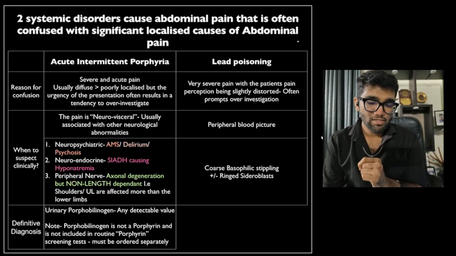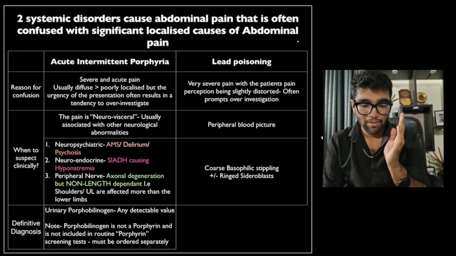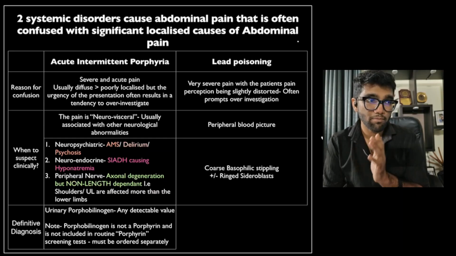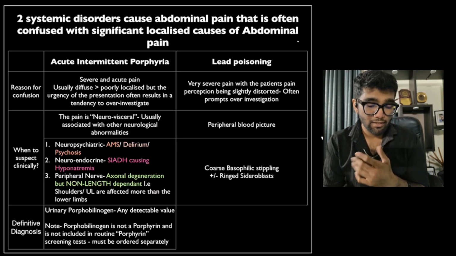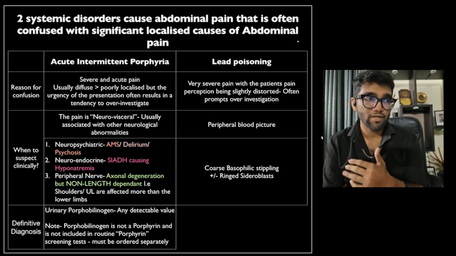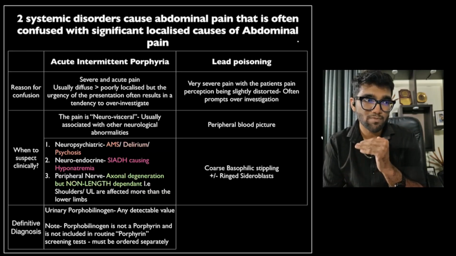So, porphobilinogen is a porphyrin precursor. It is not a porphyrin. Okay, so it gets converted into uroporphyrin type 1 and coproporphyrin type 1 non-enzymatically, even in patients with acute intermittent porphyria, where the problem is just prior to the actual generation of porphyrin.